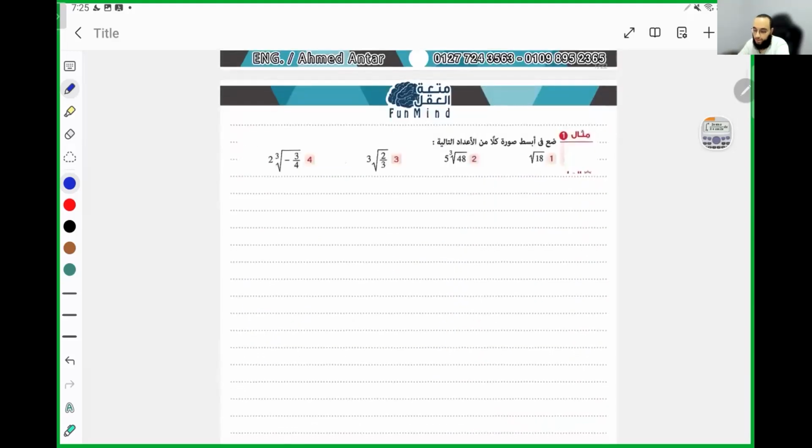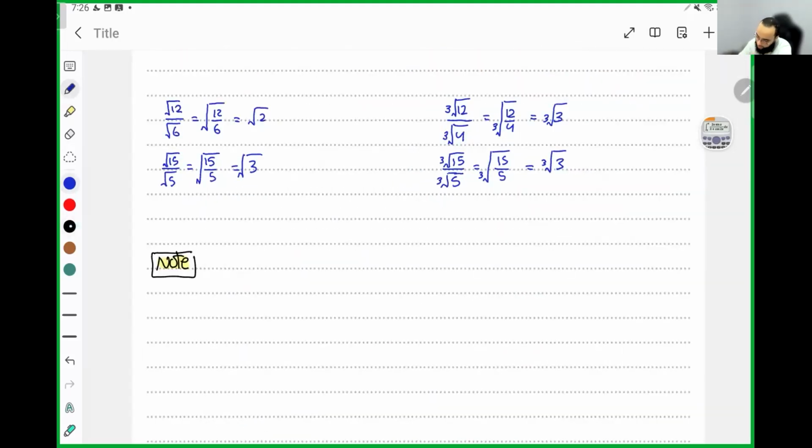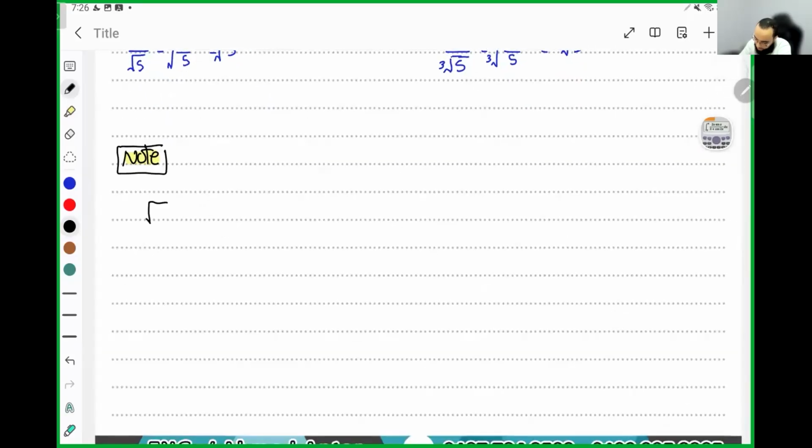Okay. So there is a note. If we have something like root 4 times root 5, it's going to be root of 4 times 5, which is root 20. Look for that. The same question: root 4 times root 5. I'll do it as root 4 equals 2.